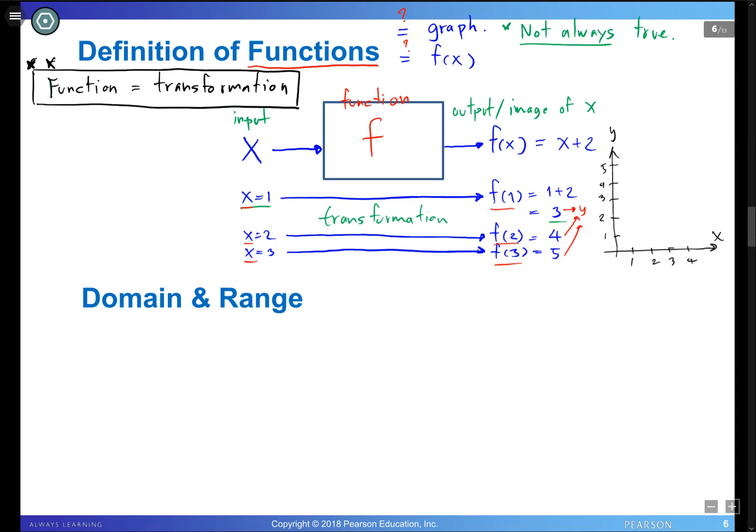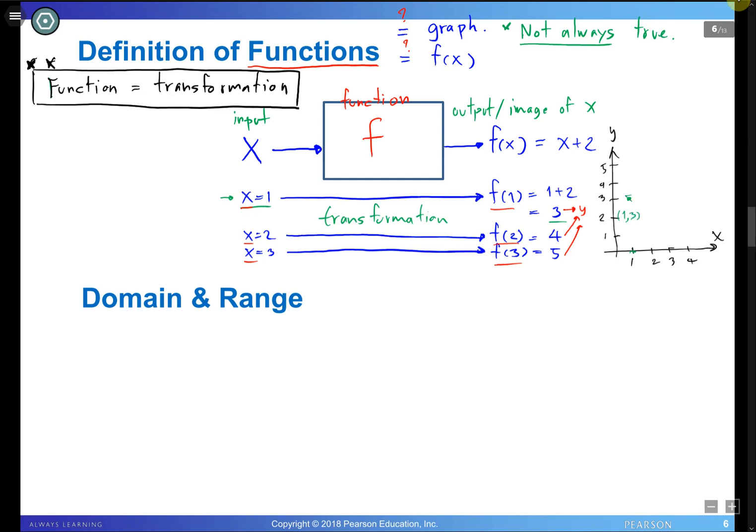Okay, so let's take a look at the first one. First one, input value of x equal to 1 right here, and the image is y equal to 3. So we have this coordinate, x equal to 1 and y equal to 3. Okay, green is good. So coordinate x equal to 1 and the image value is 3.